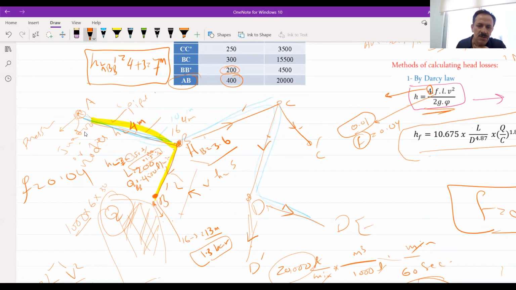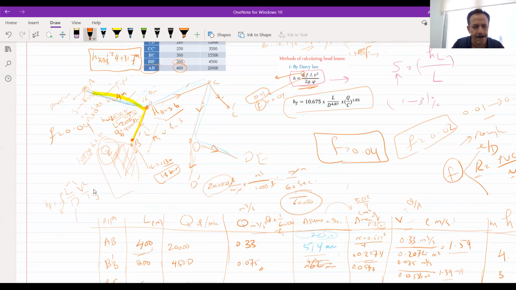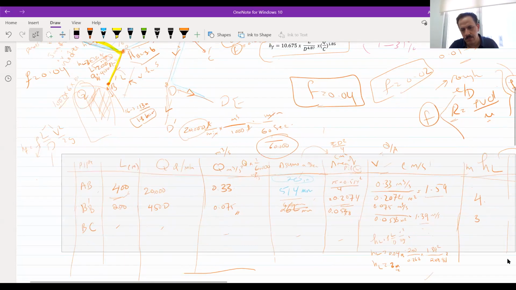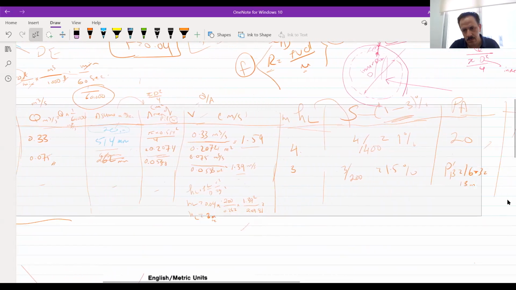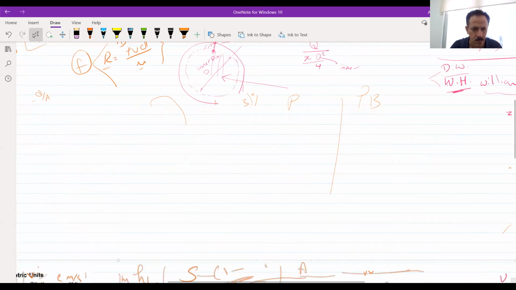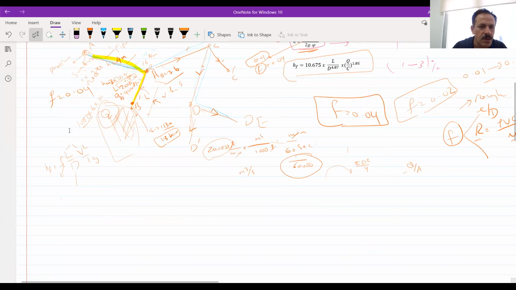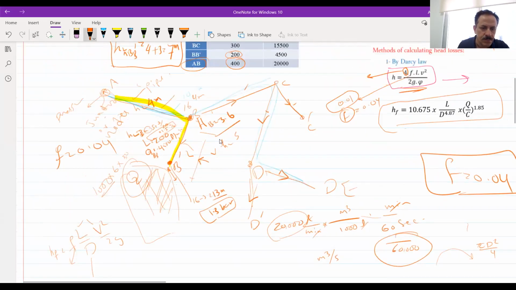For each pipe, from A to D or D bar, there is a route. This is one of the routes, A, B, B bar.